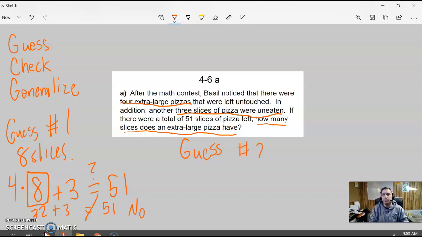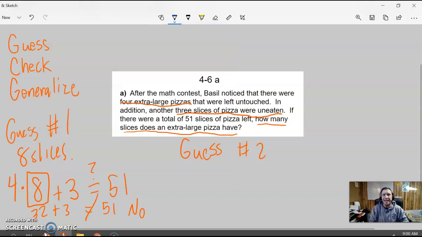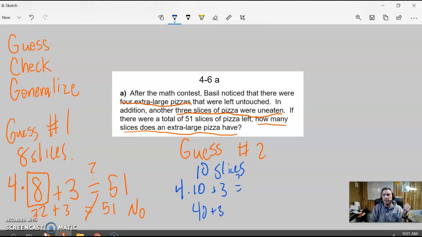Guess number 2. And I'm going to do this in another color so we see our different guesses. I'm going to say, well, maybe it's 10 slices. Well, if I have 4 pizzas, 4 times 10 gives me 40 plus 3. So 40 plus 3, is that 51?